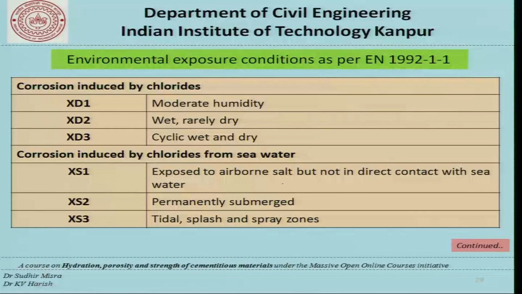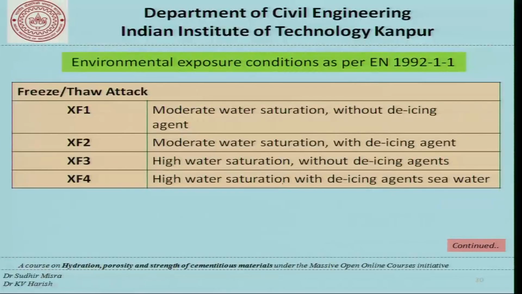When it comes to corrosion induced by chlorides, similarly we have a classification and a description of XD1, XD2, XD3, and from seawater we have XS1, XS2, XS3, and we continue to have freeze thaw attack in terms of XF1, XF2, XF3 and XF4, and we see that it depends largely on water saturation and a combination with de-icing agent application.